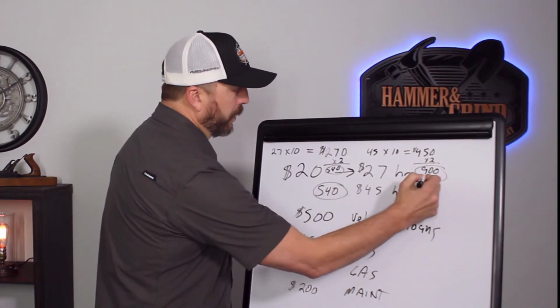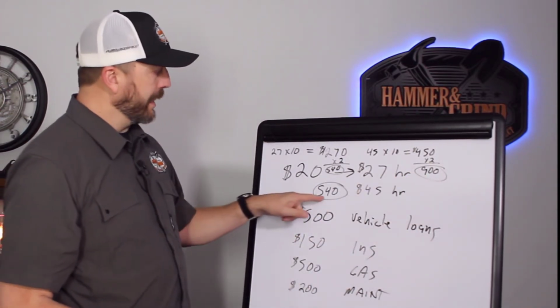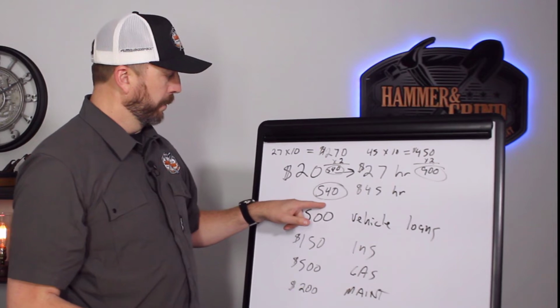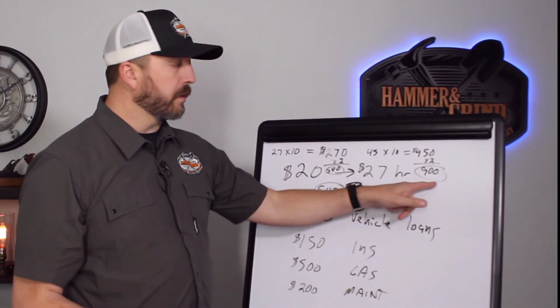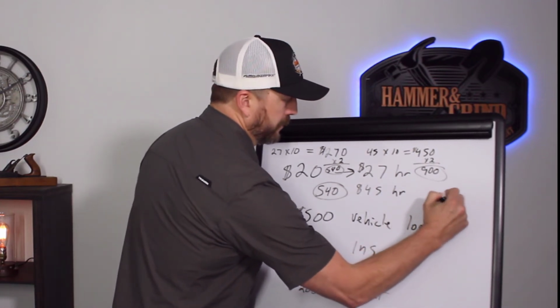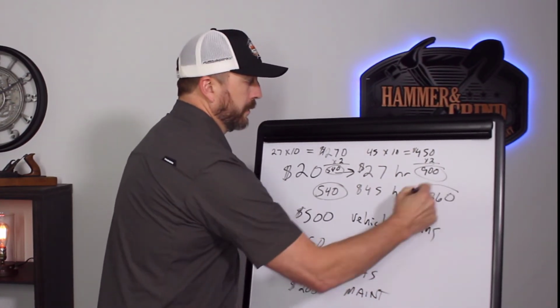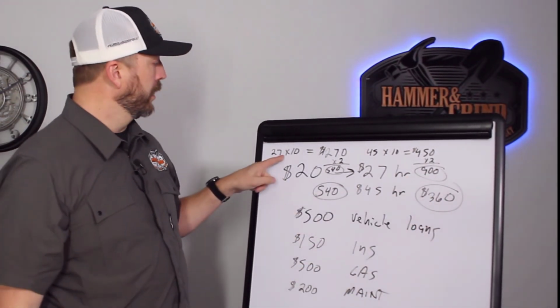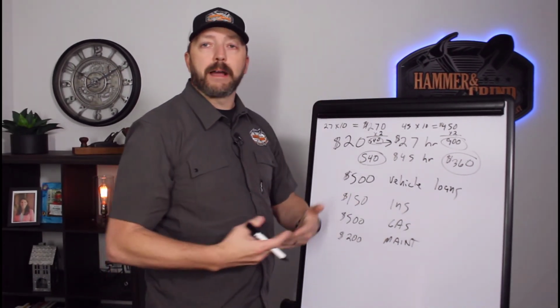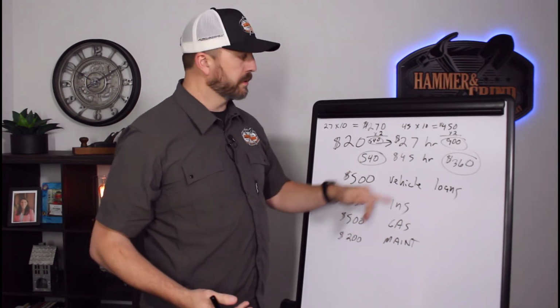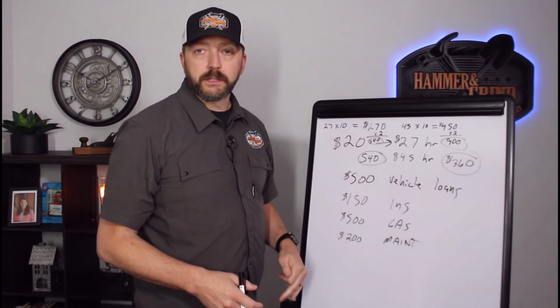It's 540 versus 900. That's the difference in cost. $360 difference for one employee over 10 hours. Take that times a project that might be 50, 60, 100 hours, and look at how much money you're losing.